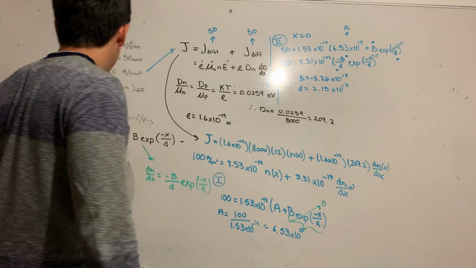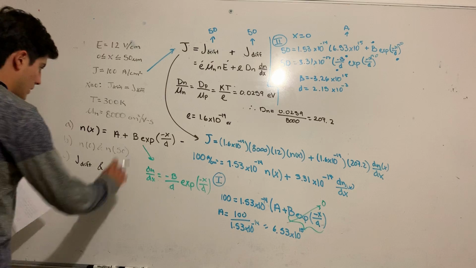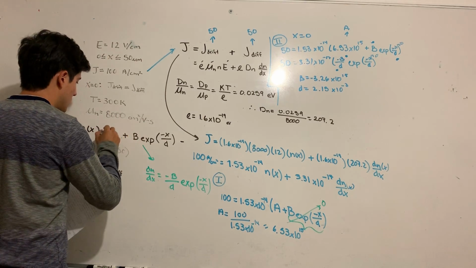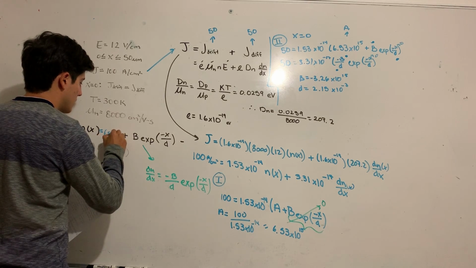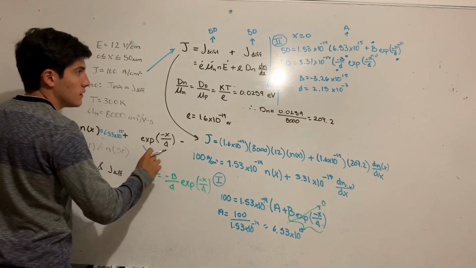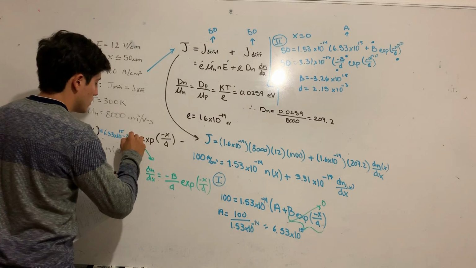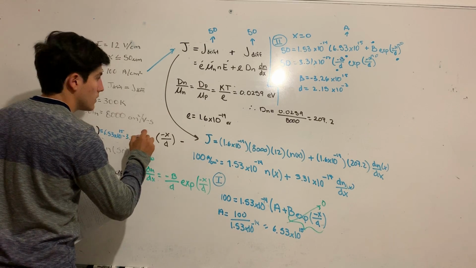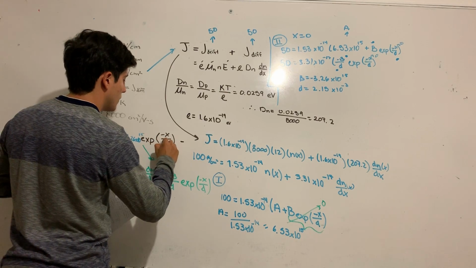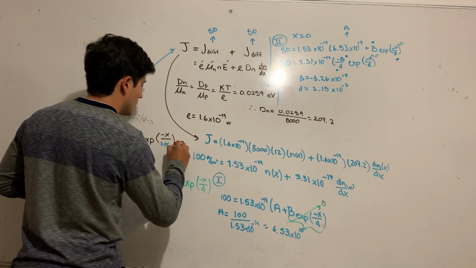So for A, we now can substitute this. A is 6.53 times 10 to the 15, and B is minus 3.26 times 10 to the 15, and D is 2.15 times 10 to the minus 3.